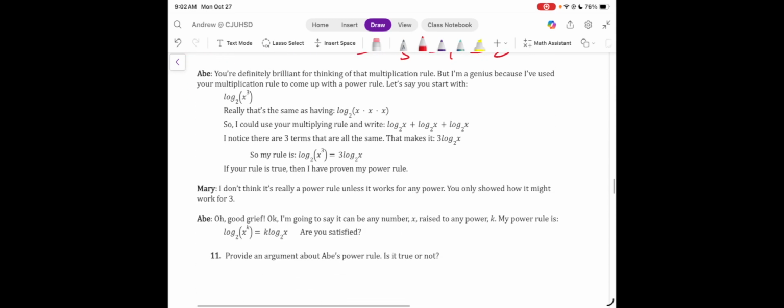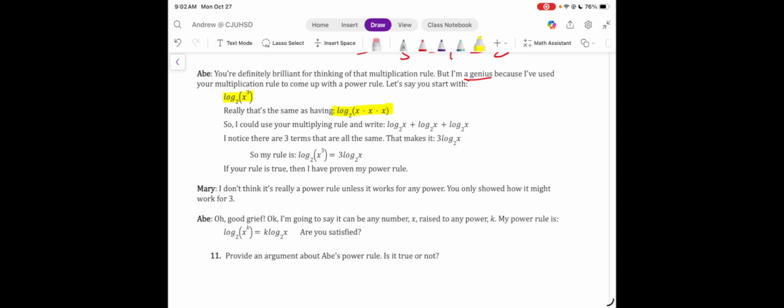One more property. Abe says, you're definitely brilliant for thinking of that multiplication rule, but I'm a genius. Oh, nice, he's humble. I'm a genius because I've used your multiplication rule to come up with a power rule. Let's say you start with log base 2 of x to the third. Really, that's the same as having 3 x's multiplied together.